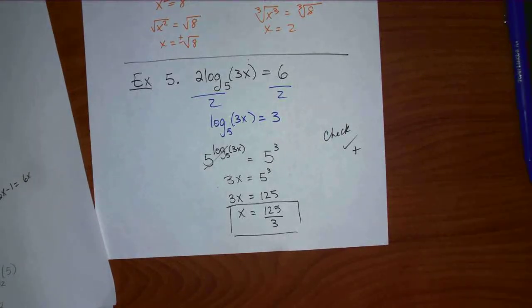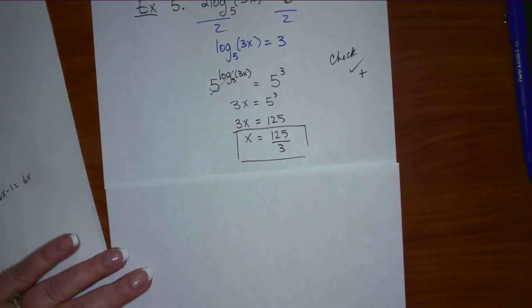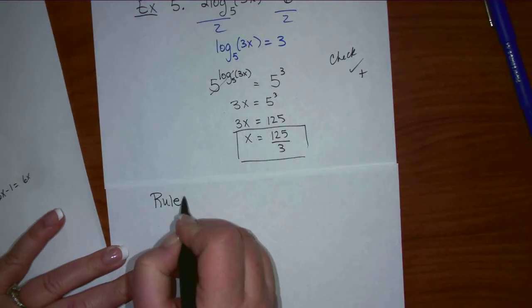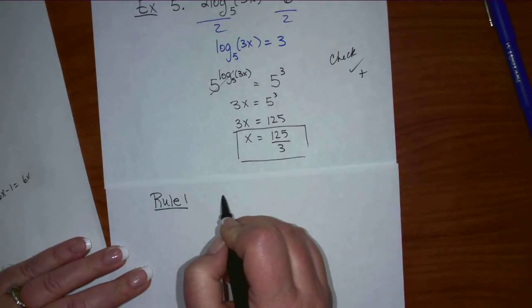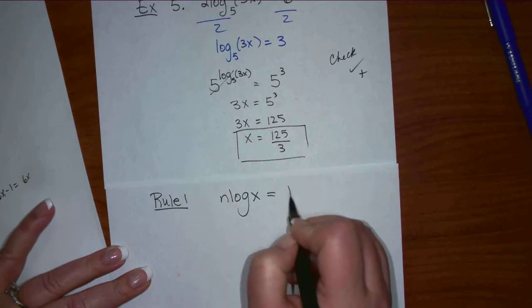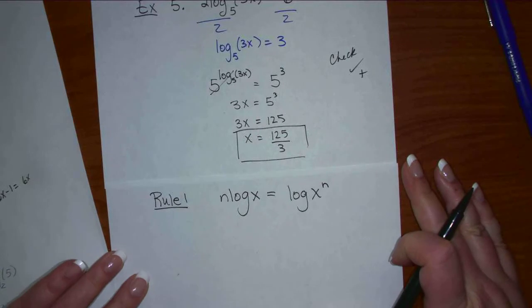Does anyone know it? When there's a number in front of a log, we can divide both sides by it, but what else could we do with it? Anyone remember? So, this is a rule.